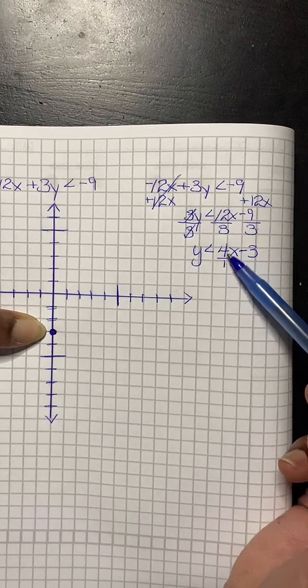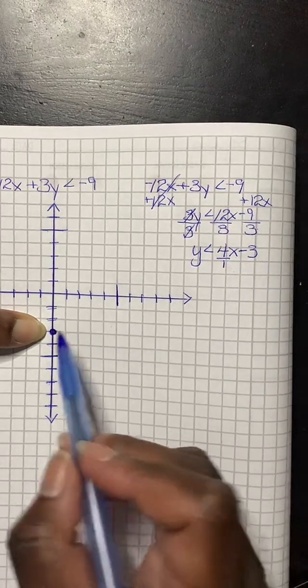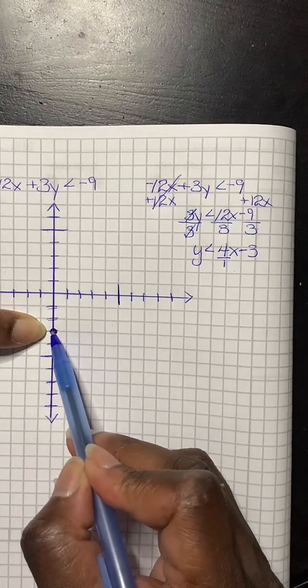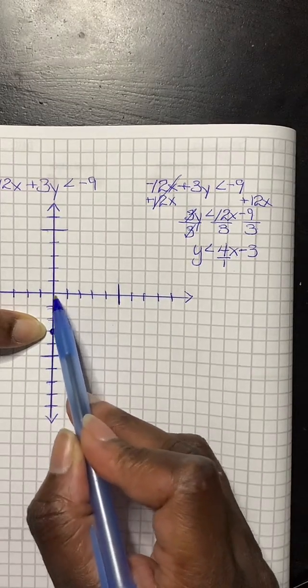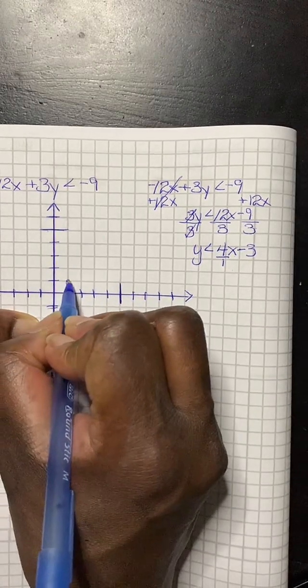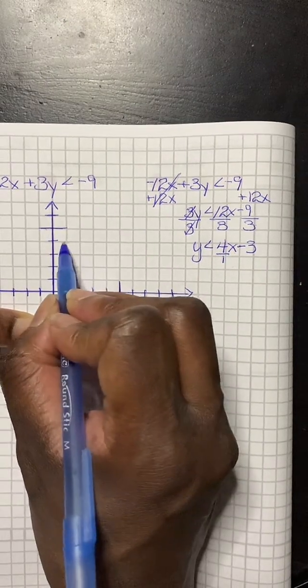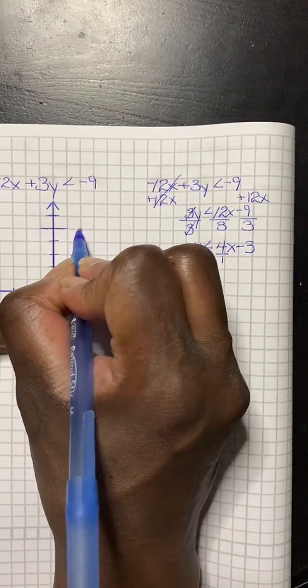But slope is always a fraction, rise over run. So from my starting point, I rise up 4 and then go to the right 1 to make my next point. Go up 4: 1, 2, 3, 4, over to the right 1.